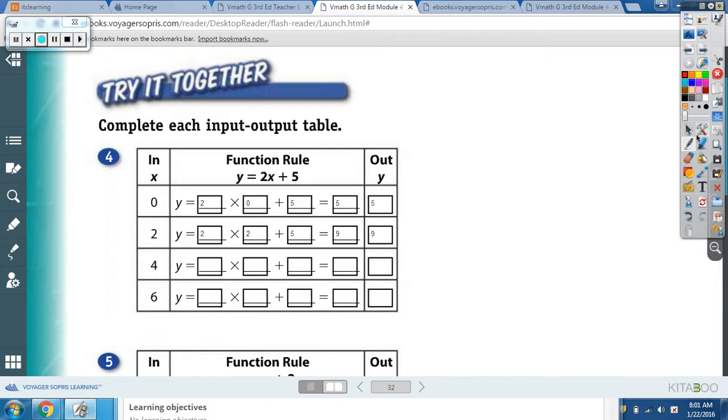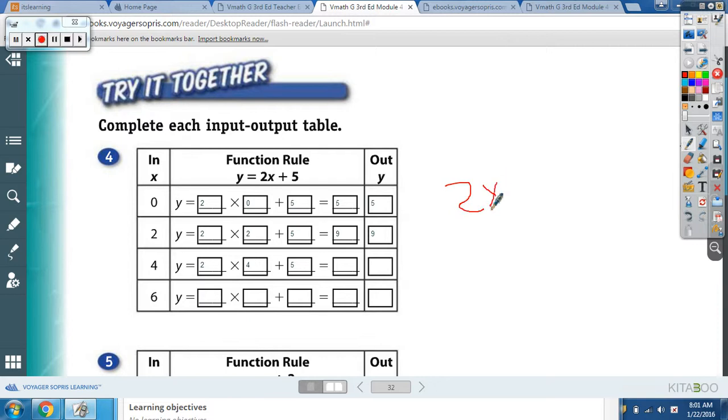Now, we are going to input 4 for x. Our input value is 4, or our independent variable. Going to put it into our function rule, which is 2x plus 5, so we have the 2 here. We are putting in 4 for our x value, and then we bring in our 5. So now we have 2 times 4 plus 5.